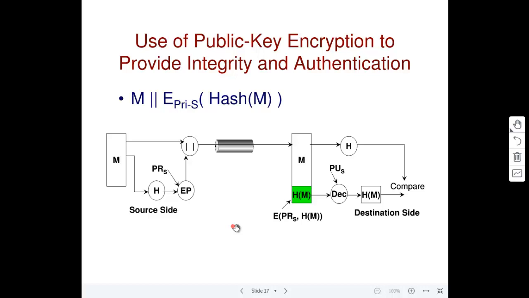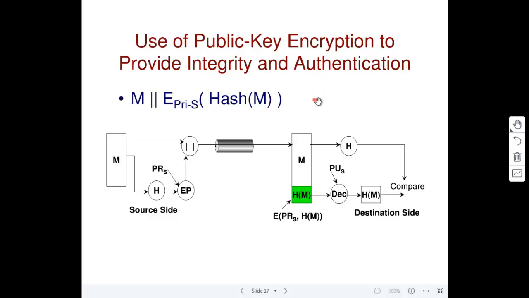If the hash value computed by the receiver on what it receives is different from the hash value attached to the message, then the receiver could conclude that the message got changed during transmission. So this provides you a kind of integrity, in that the receiver is able to check whether the message got changed or not.